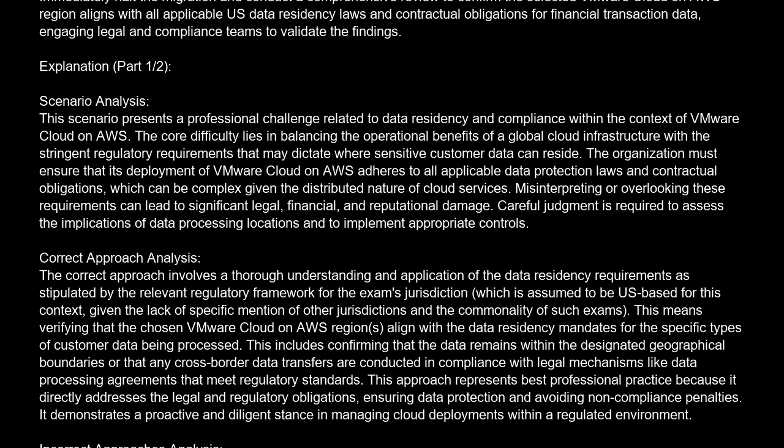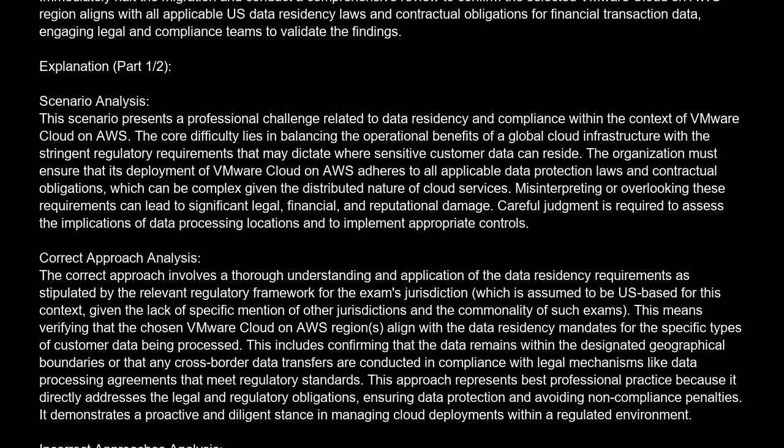This includes confirming that the data remains within the designated geographical boundaries, or that any cross-border data transfers are conducted in compliance with legal mechanisms like data processing agreements that meet regulatory standards. This approach represents best professional practice because it directly addresses the legal and regulatory obligations, ensuring data protection and avoiding noncompliance penalties. It demonstrates a proactive and diligent stance in managing cloud deployments within a regulated environment.